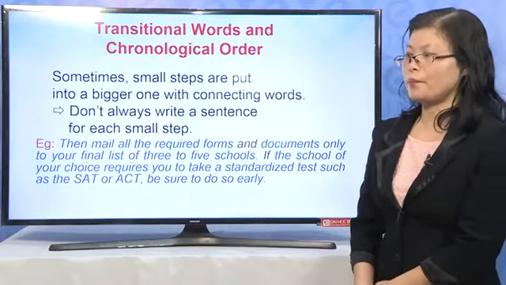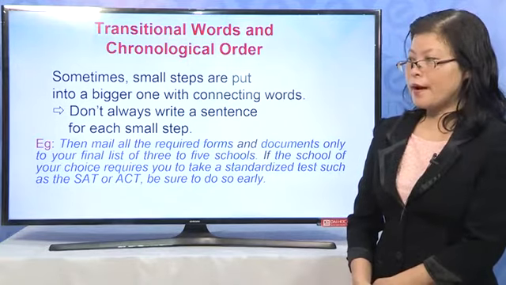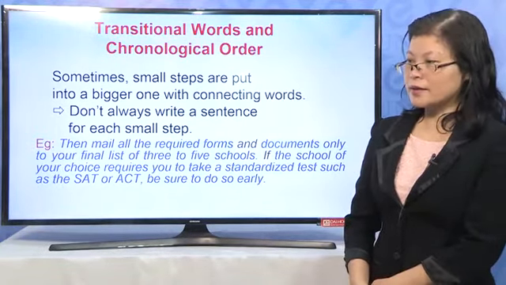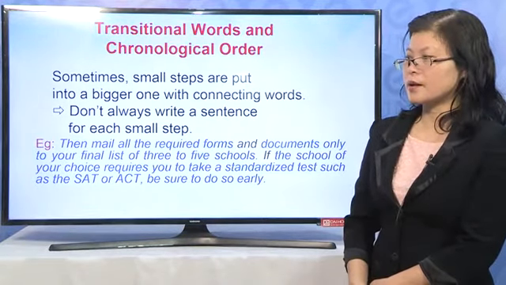For example, in the paragraph about applying to an American university, you have sentences like this: Then mail all the required forms and documents only to your final list of 3 or 5 schools.